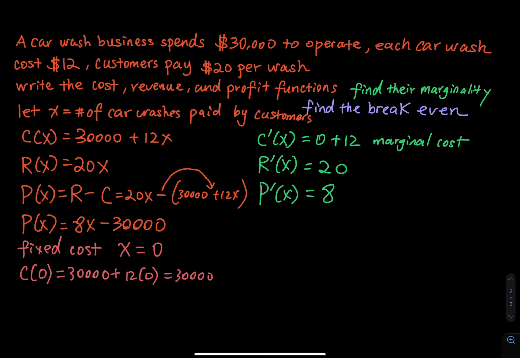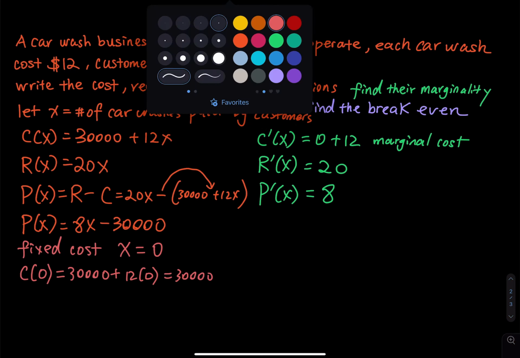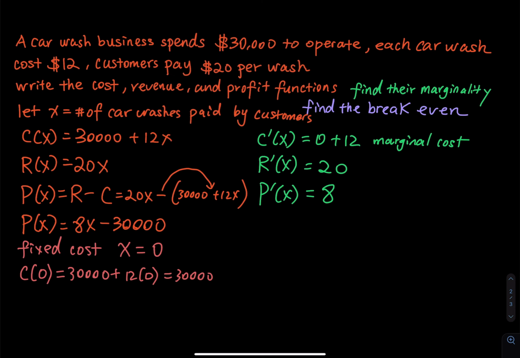All right. And then the more interesting question is finding out the break even. So when you run the business, what do you care about? You care about your profit, right? So the break even is when the cost is equal to revenue. So let's find the break even. We are going to set the cost function $30,000 plus 12x equal to the revenue 20x, and then we will just solve for x.